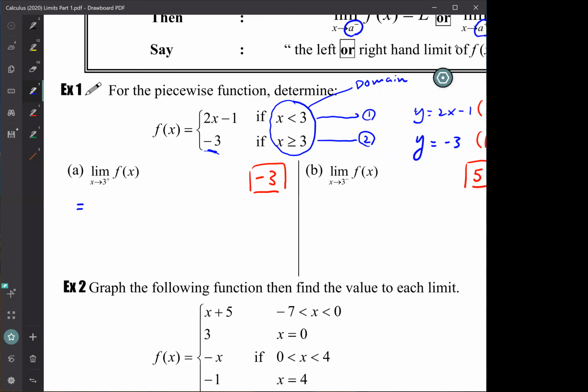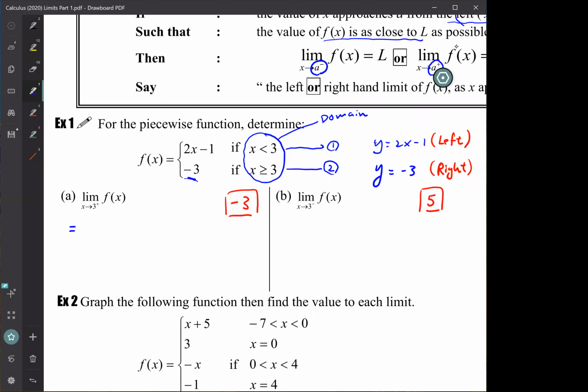Yeah, 3.2. Can you give me something even closer? 3.1? Yeah, okay. If I want, I can also do 3.01, right? So you think about 3.01. Is that less than 3 or bigger than 3? Gina? Bigger. Yeah, so that will belong to which piece, Gina?